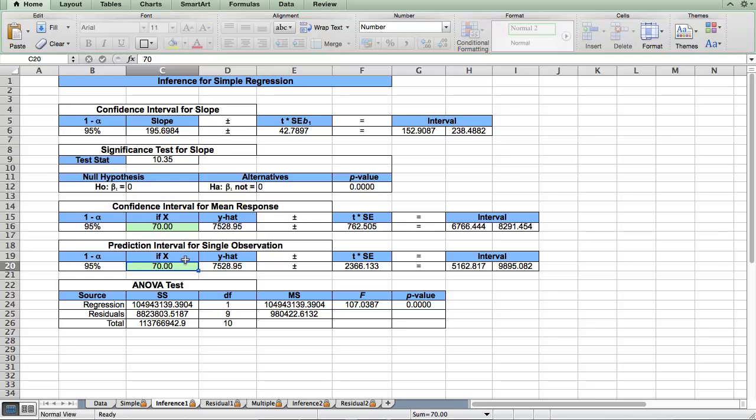In a more general way, the IRS could say, on the average, any return with an AGI of 70 should not have more than about 8,300 in charitable contributions. And so very quickly, returns that do have charitable contributions outside of that range could be flagged for a higher audit risk.